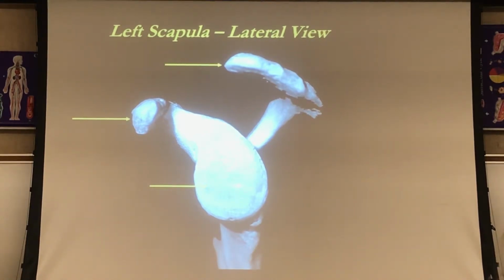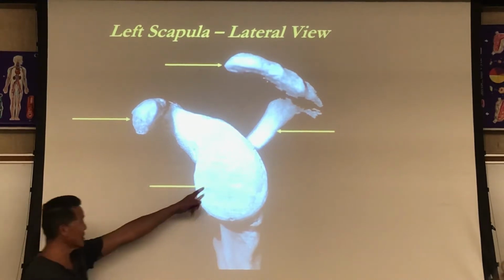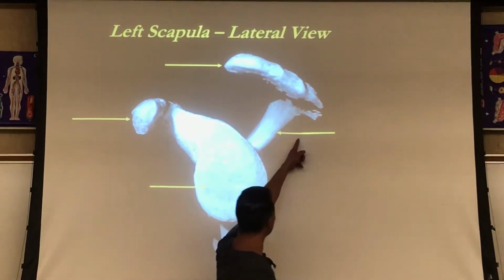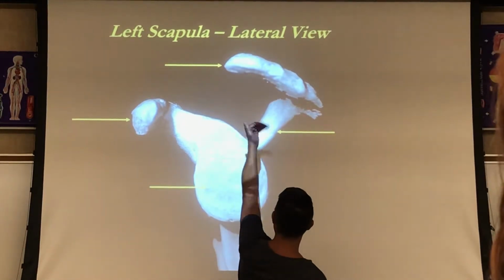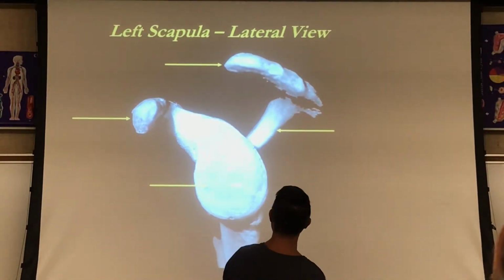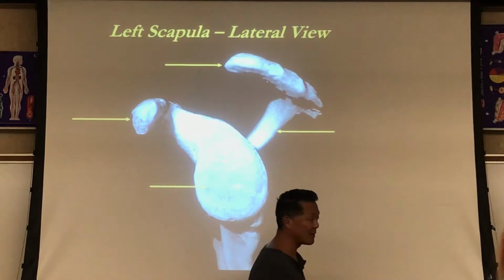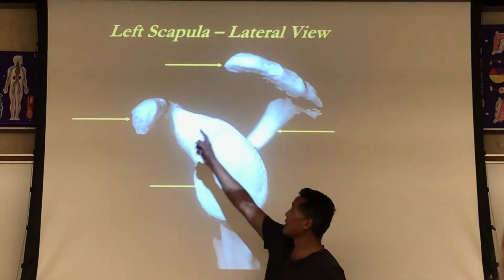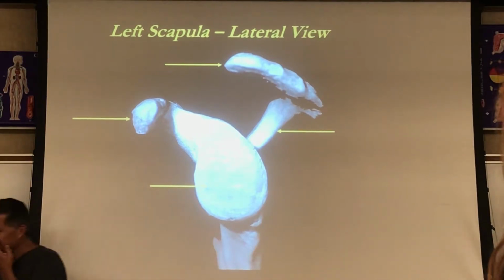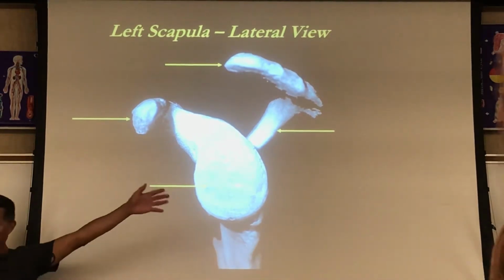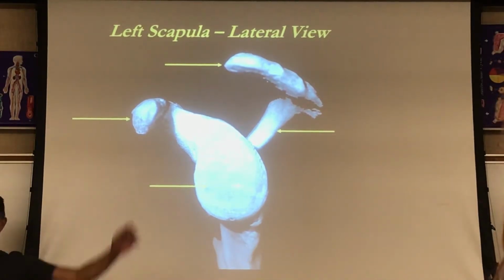And that's posterior. So this is the spine of the scapula posterior, coracoid is anterior, and at the lateral end where it's pointed closest to the camera, since this is a lateral view, the lateral end is the acromion. That's way up there on the top left. Almost looks like a capital Y, doesn't it? Yes. Scapula.